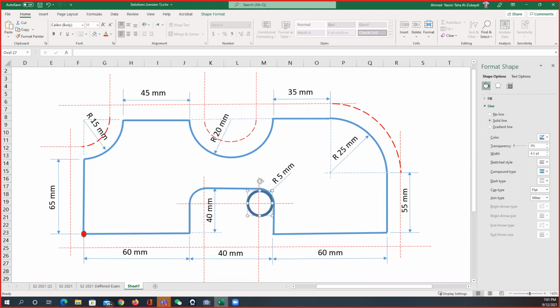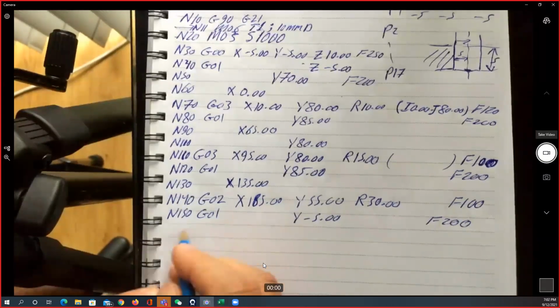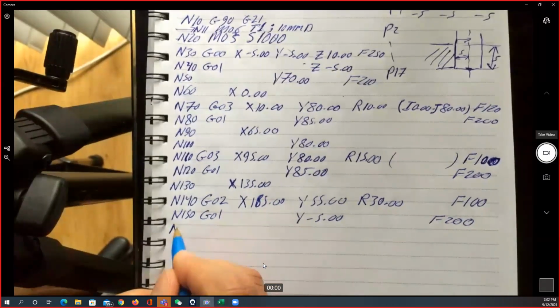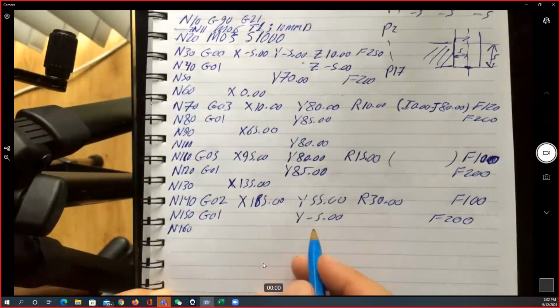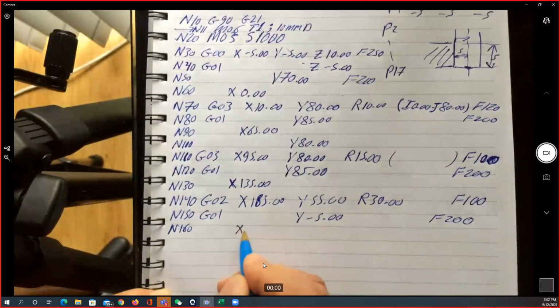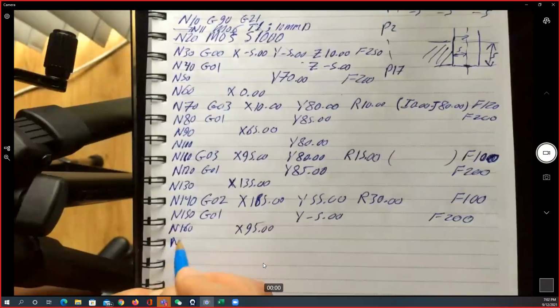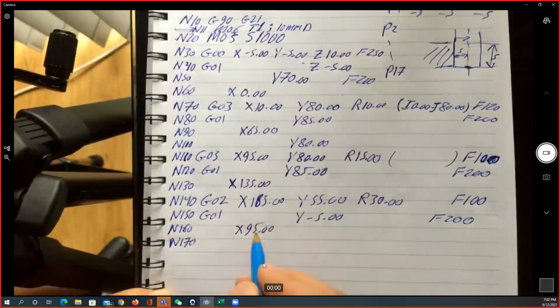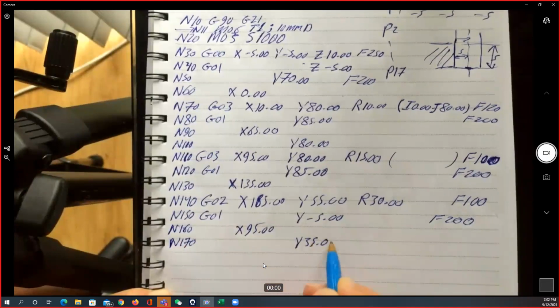So I'll write down these two steps. N160, I don't write down G01 again. The Y remains the same. The X is equal to 95.0. And N170, the Y is equal to 35. The X has remained the same.